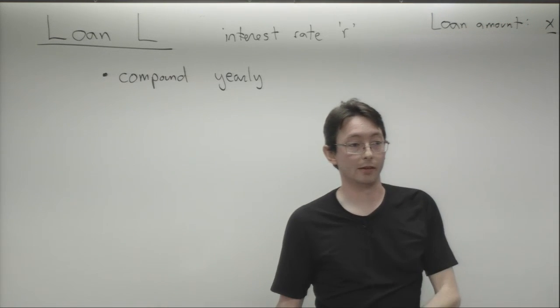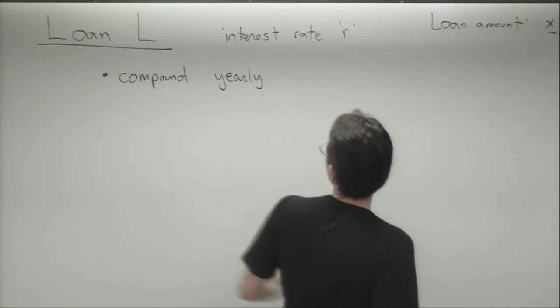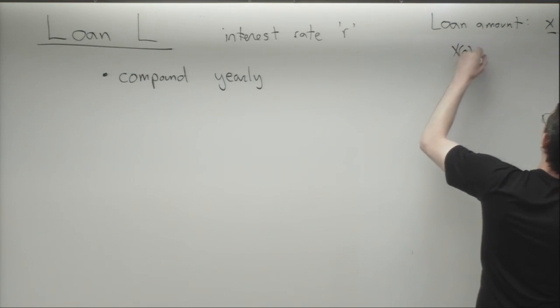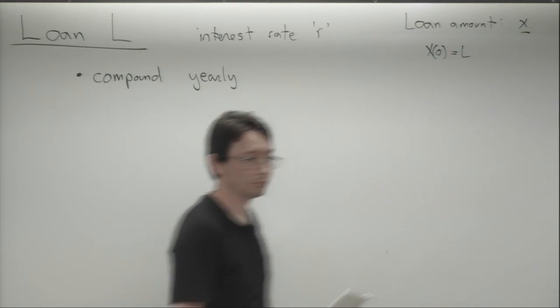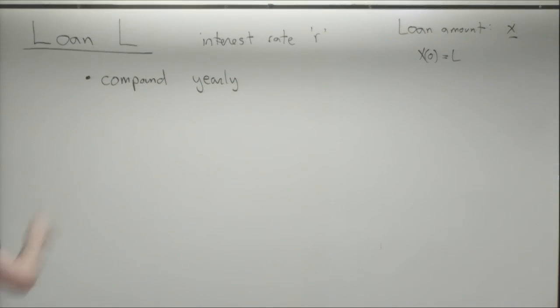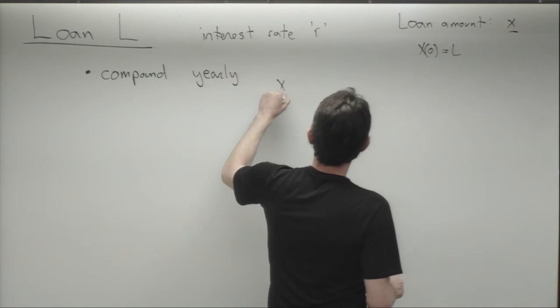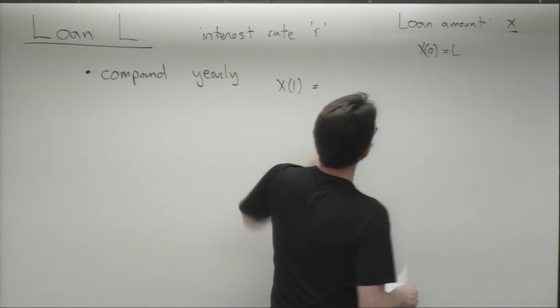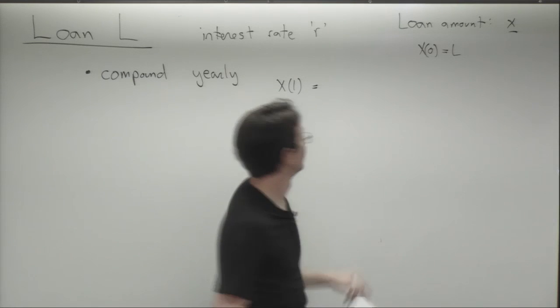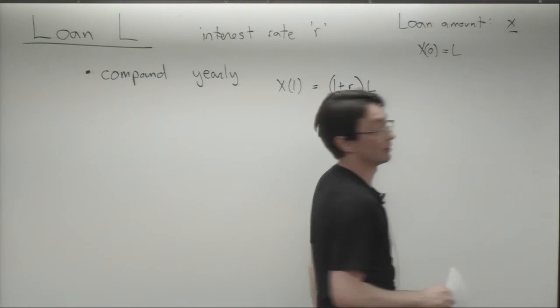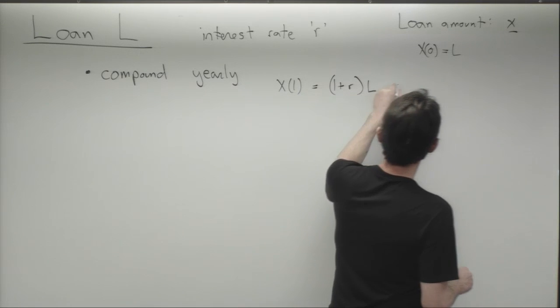So x at time 0 is L, okay? x0 is my loan amount. Okay, so if my bank is nice and they compound yearly, then x of 1 is going to equal 1 plus r times L, or times x naught.